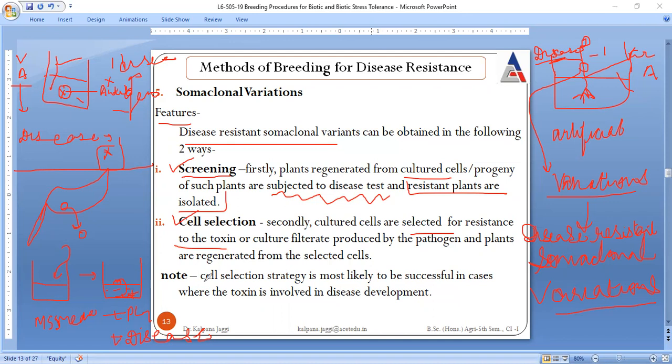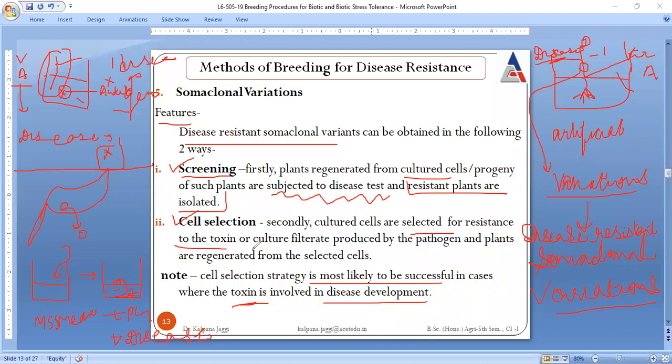Then this plant can be taken out, and again from its leaf tissue many more plants can be developed from these resistant plants, right? But this is not likely to be successful in cases where toxin is involved in the disease development.